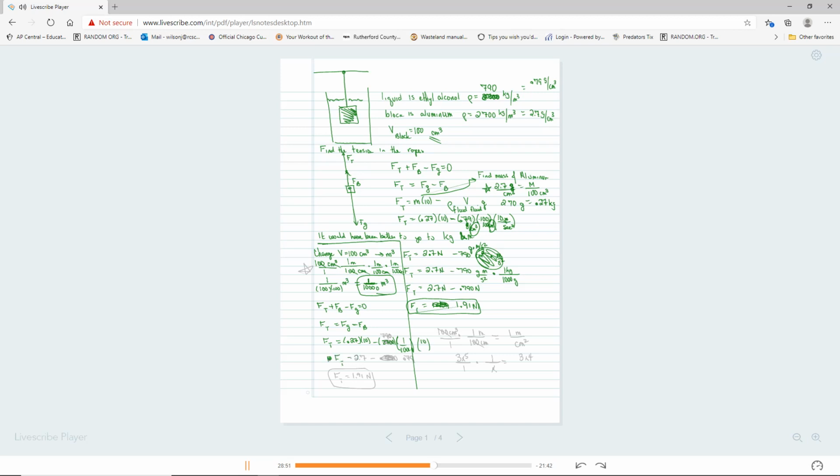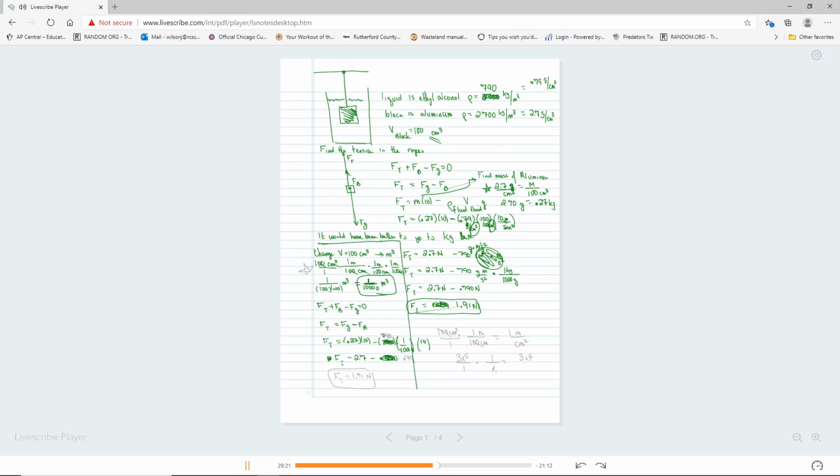Force tension equals 2.7 minus 0.790. Nope, not 0.790. Density of the fluid. Density of the fluid was not 2,700.